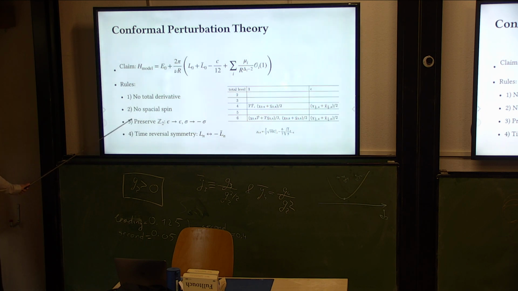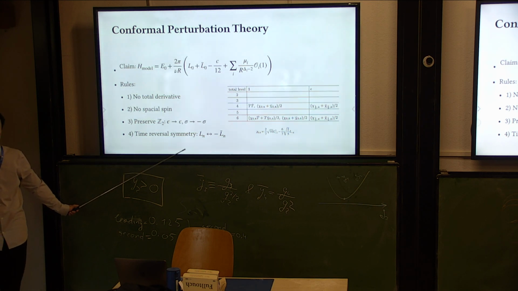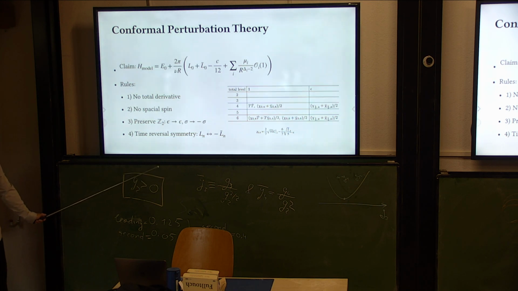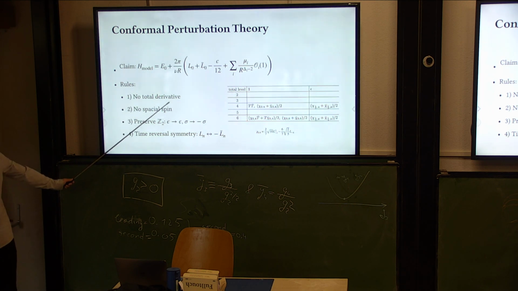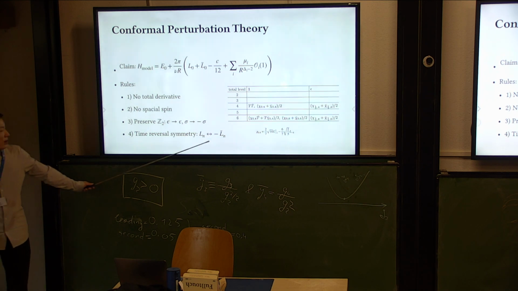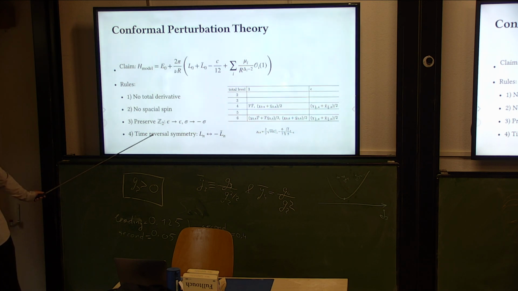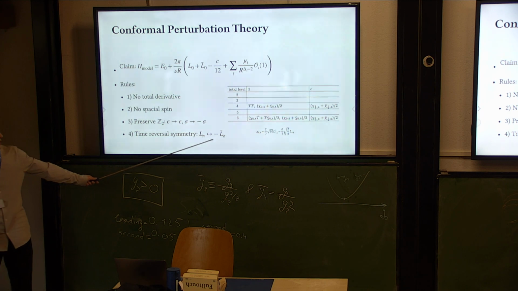And then we'll also need to preserve the Z2 symmetry. So at theta equal to pi, the UV model has Z2 symmetry, so none of these operators should be in the sigma family. And the last rule is that we have time reversal symmetry, which sends the Virasoro generator L to minus L bar.